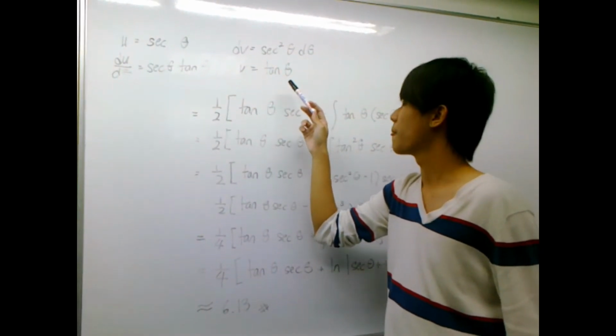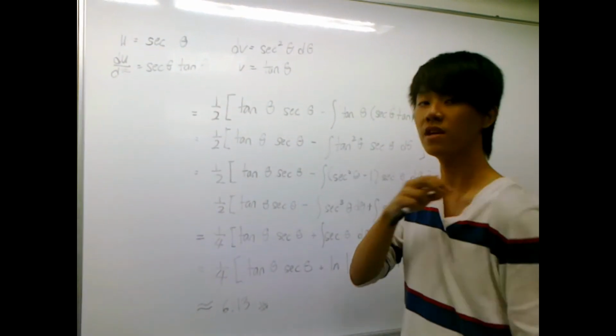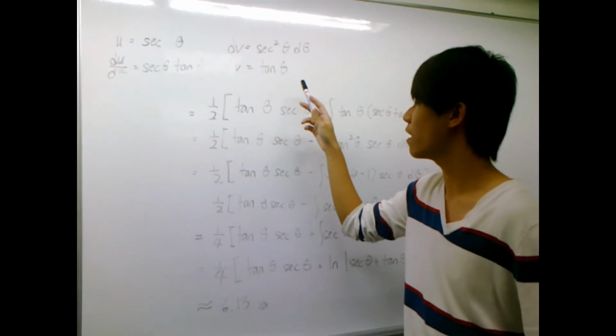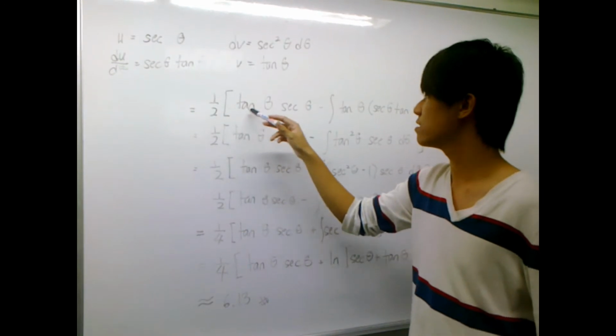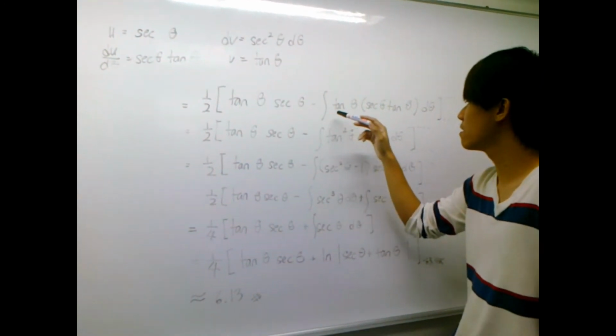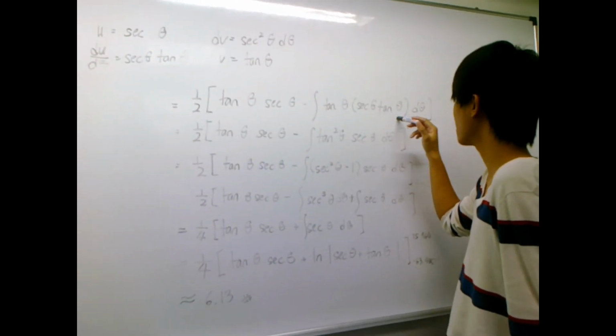And the next step to apply integration by parts would be uv minus the integral of v du, and now we'll have half tangent theta secant theta minus the integral of tangent theta secant theta tangent theta d theta.